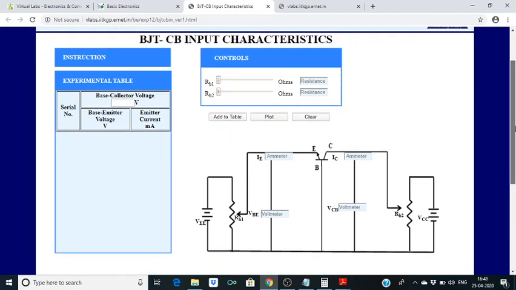First of all, we will initialize these rheostats to 1, and then we have to maintain a constant output voltage VCB. So let us take VCB at, let me refresh this.